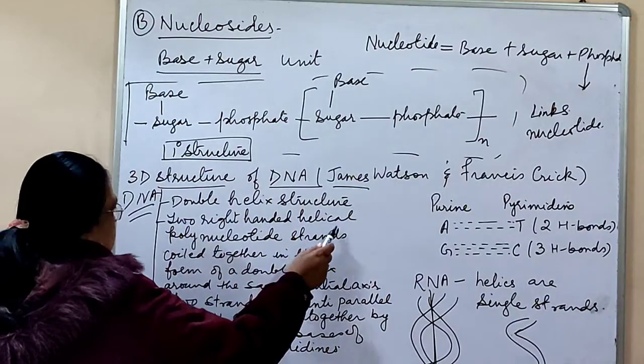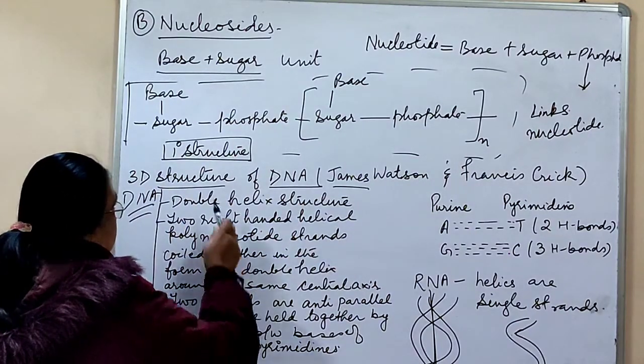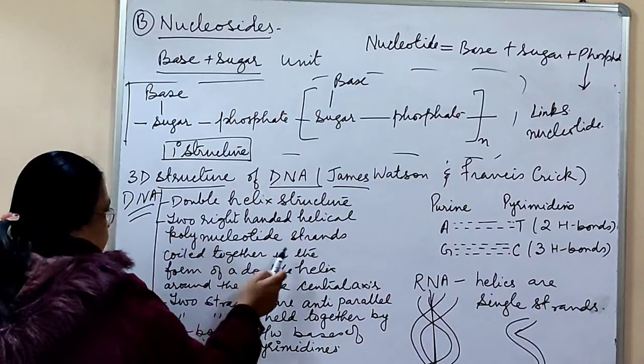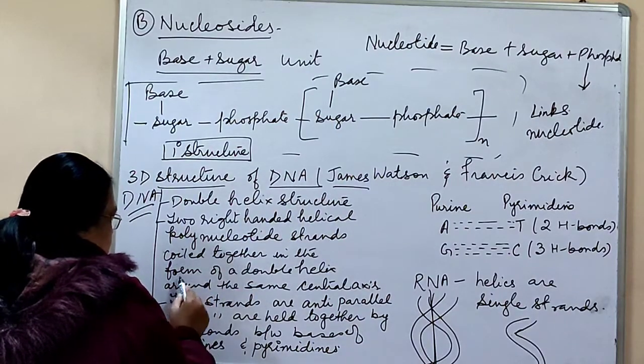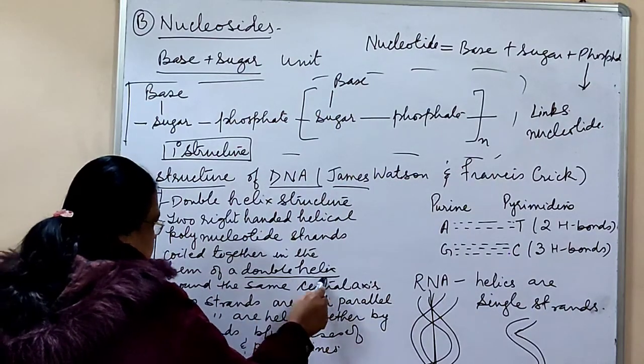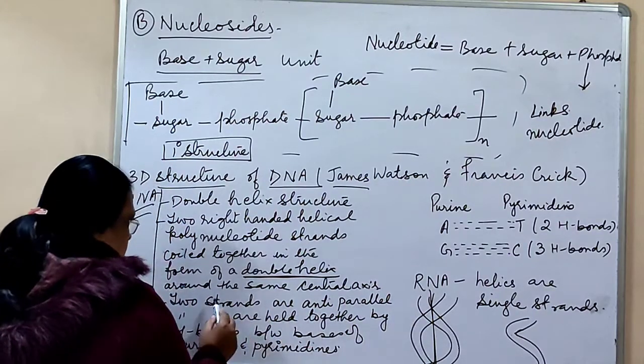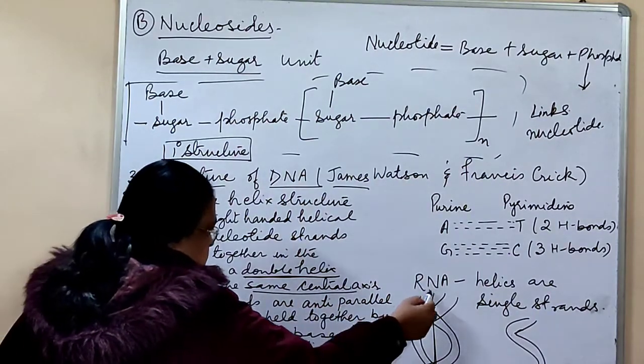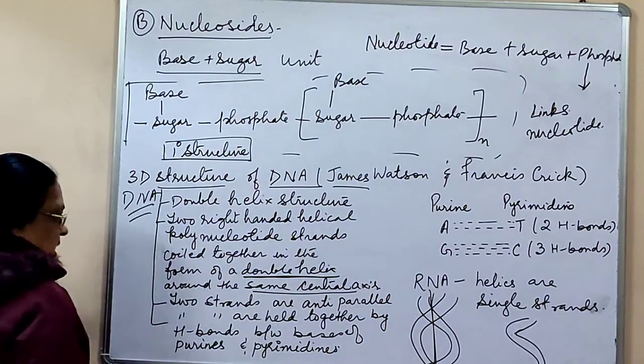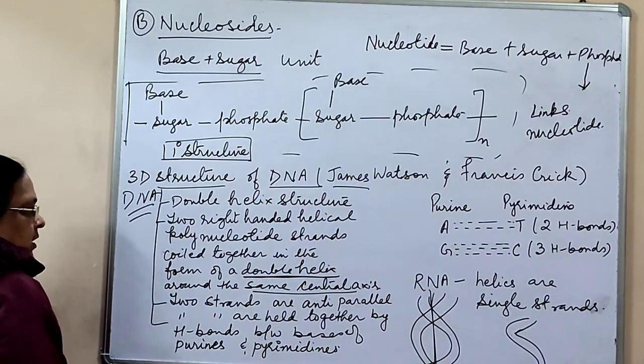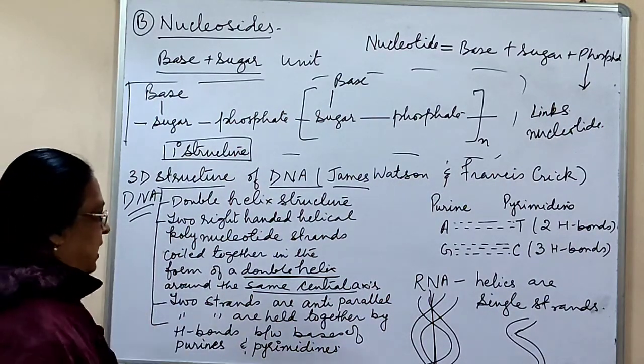The two right-handed helical polynucleotide strands are coiled together in the form of a double helix. This is important, a double helix around the same central axis.